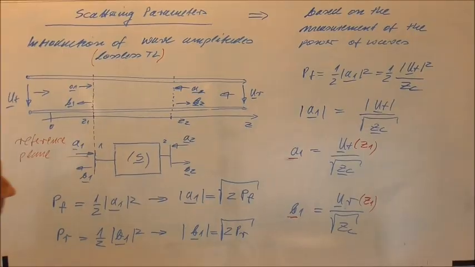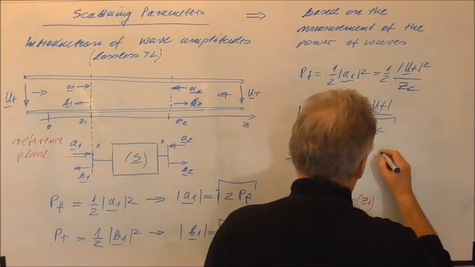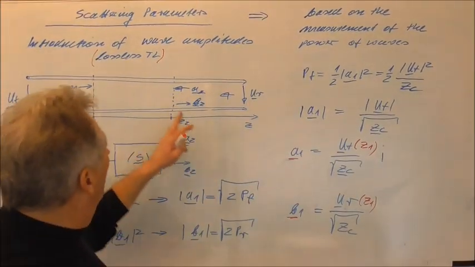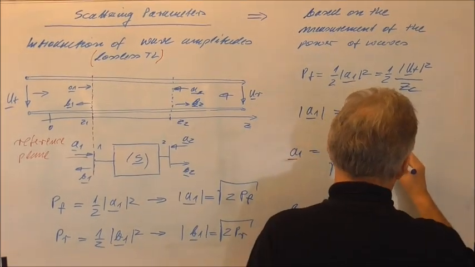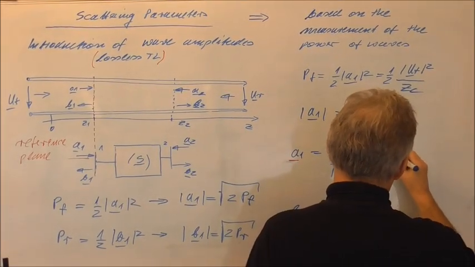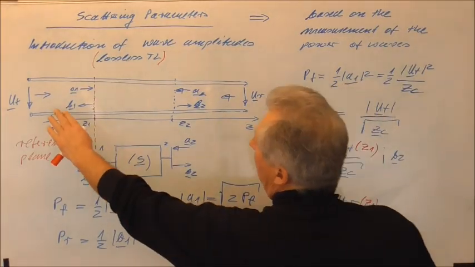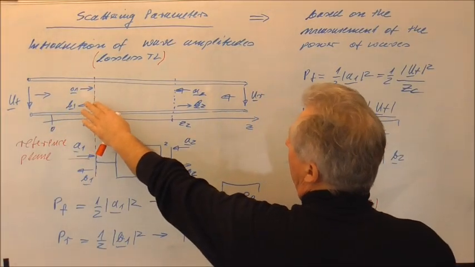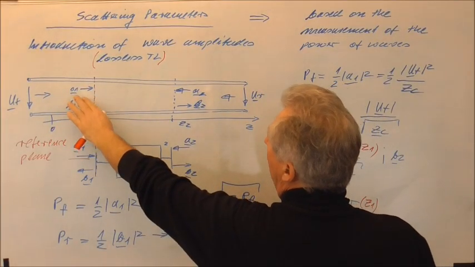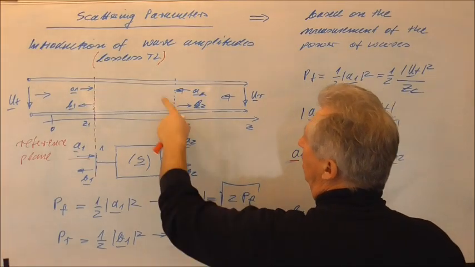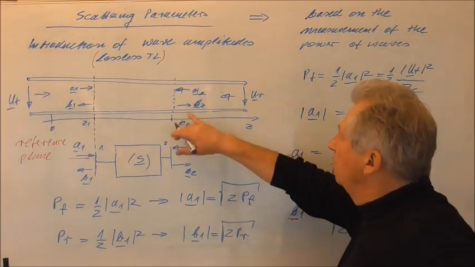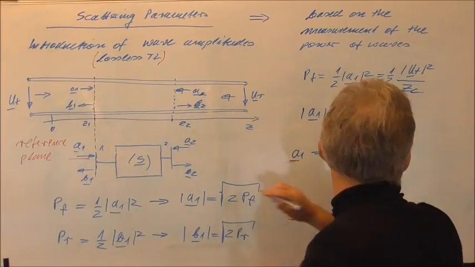And very similar equations we can set up now for B2 and A2. For example, B2: if I have just a section of a transmission line, then the wave will propagate through this section without disturbance or disruption, and we will get B2 here.